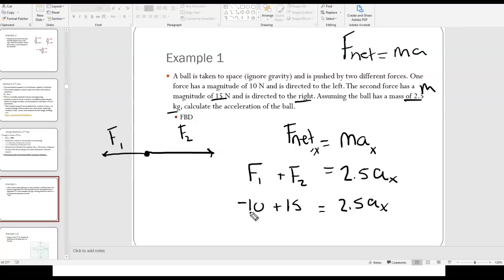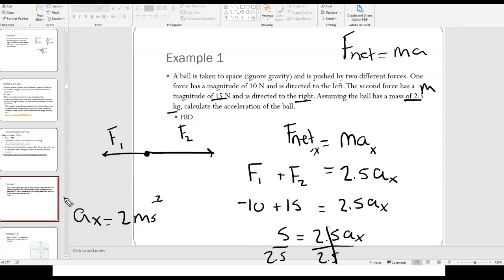On the left side, negative 10 plus 15 is 5. And to get ax by itself, I divide both sides by 2.5. By the way, this is exactly what your work should look like for these problems. So this is the answer to the question.